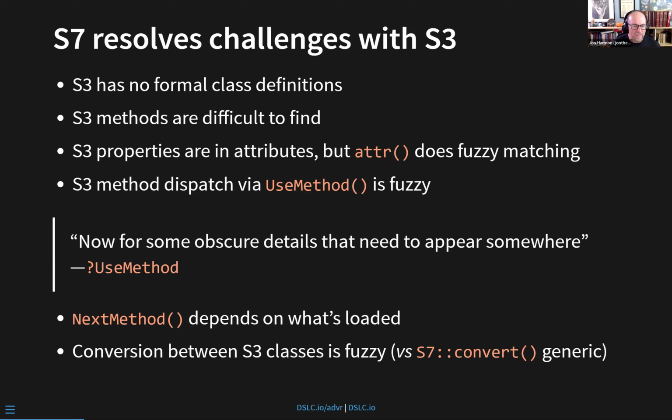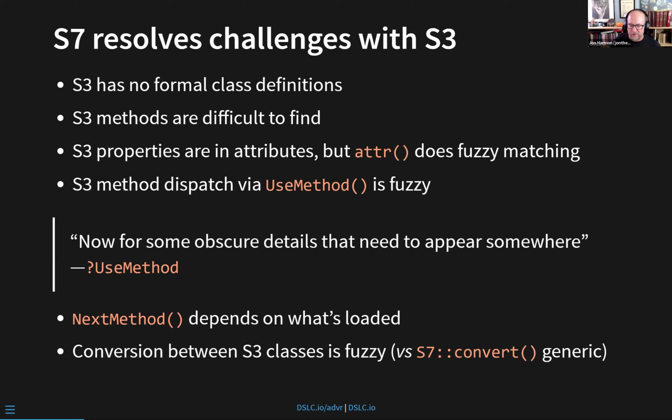And then we aren't going to talk about this at all, but there's conversion between S3 classes. You can define an as function, like as.data.frame, as_tibble, as whatever. But the way that is done isn't very strict. And not that it has to be strict in S7, you could still define whatever as function you want.